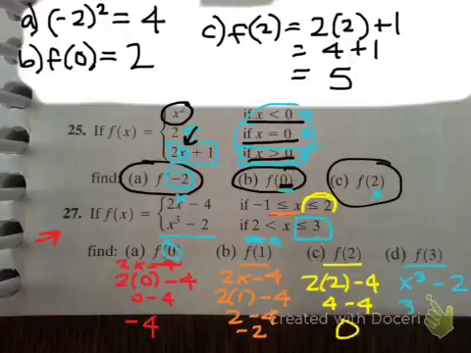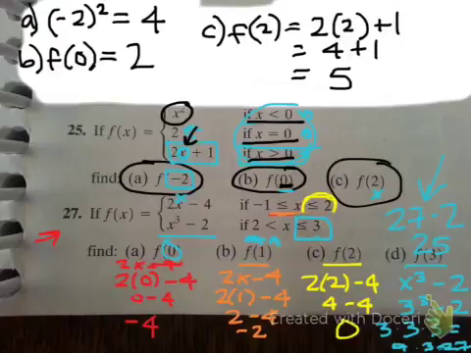Our x is 3, so we do 3 cubed minus 2. 3 cubed is 3 times 3 times 3, which is 9 times 3, which is 27. So 27 minus 2 gives us 25. And that's the solution to that one.